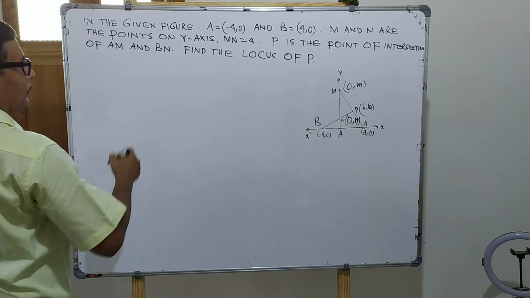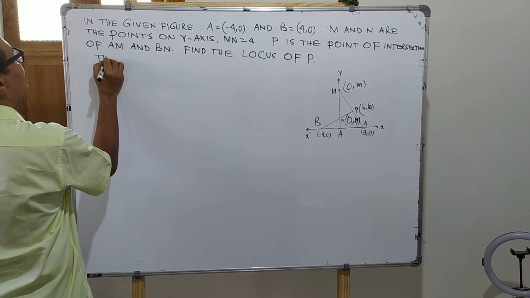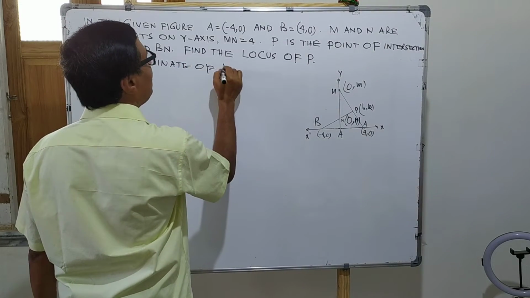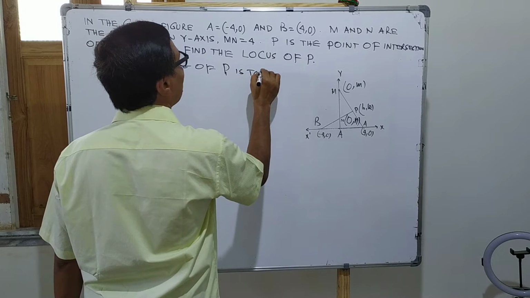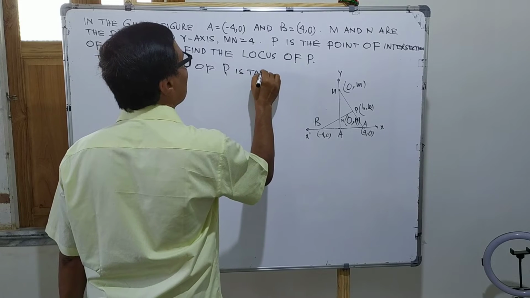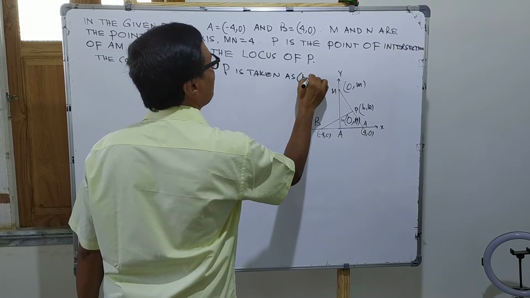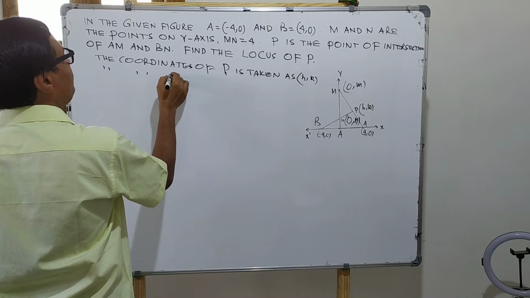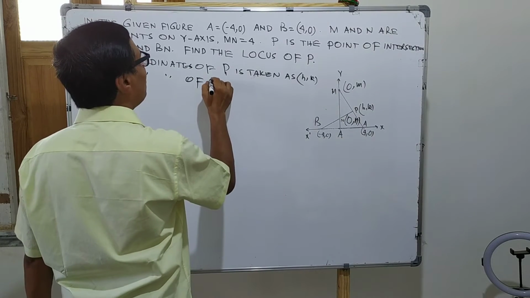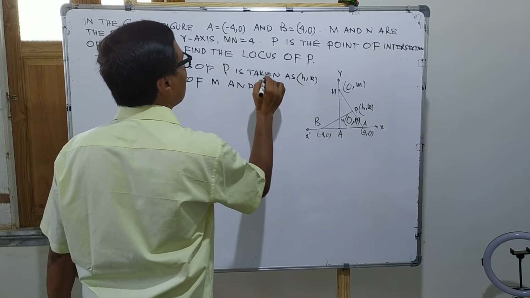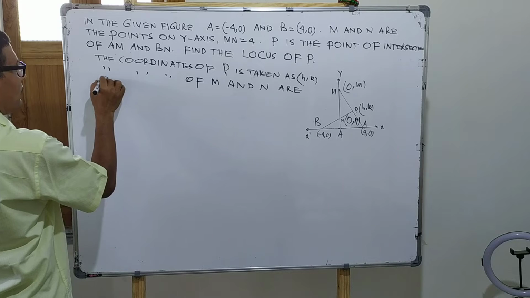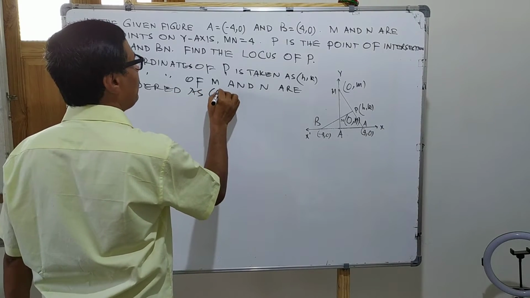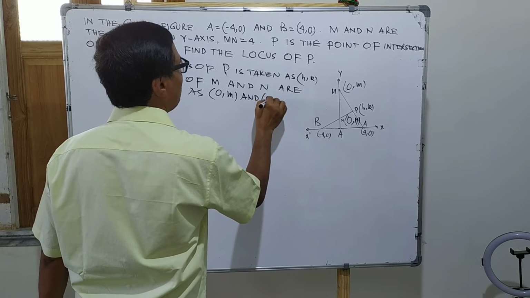This is the problem. Here the coordinate of P is taken as hk, and the coordinates of M and N are considered as 0 m and 0 n respectively.